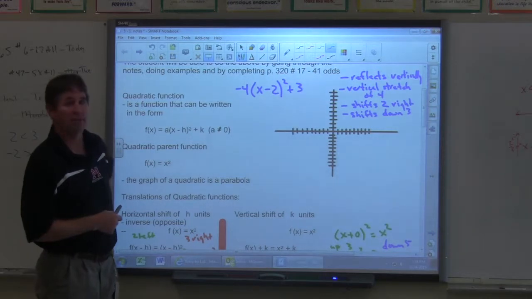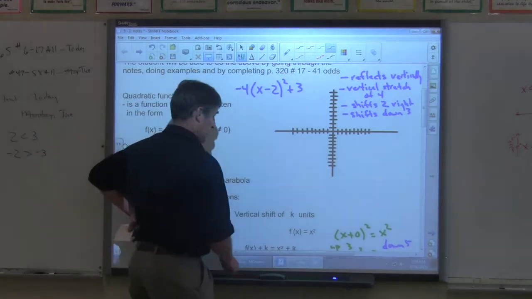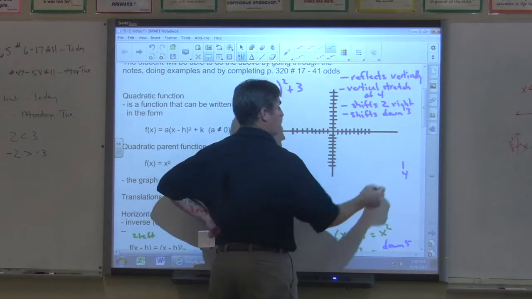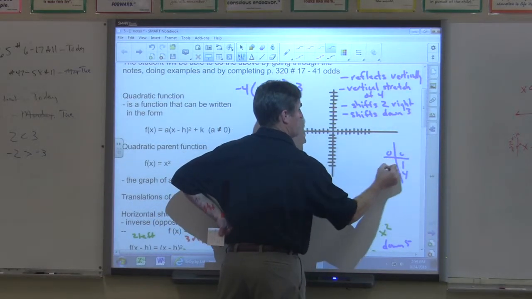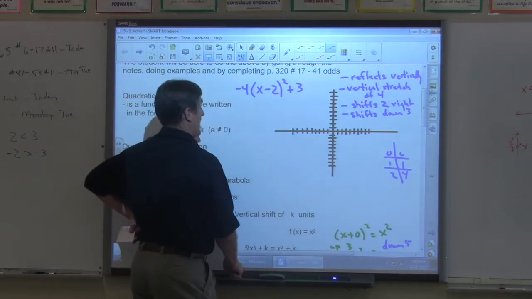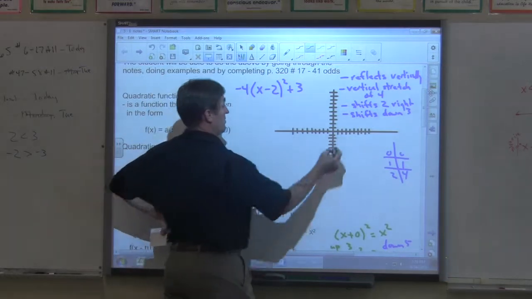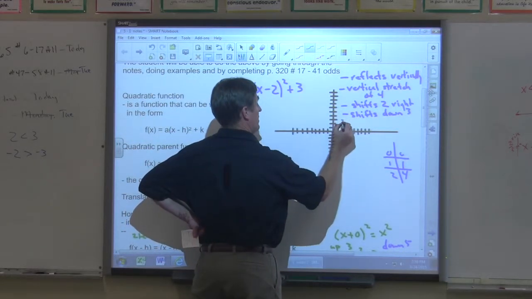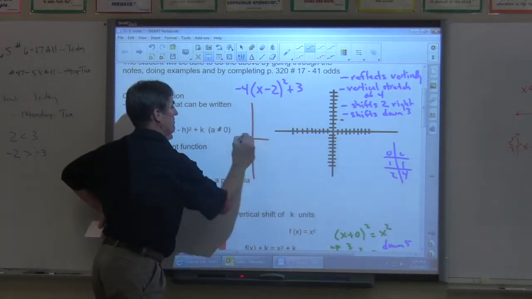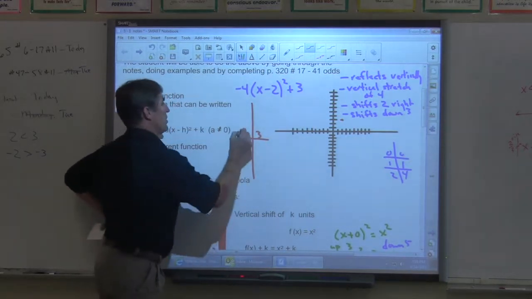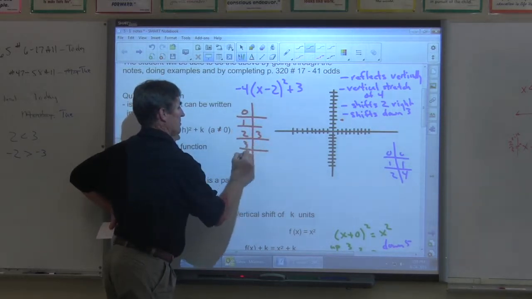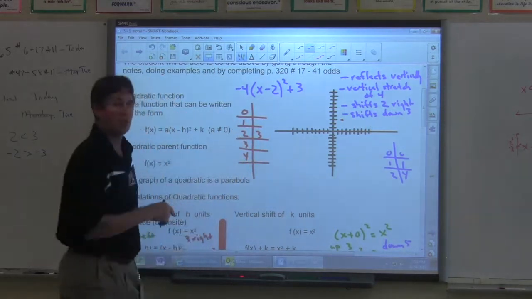Now let's go to the graph of this. We're going to remember 1, 4 for our parent function: 0, 0, 1, 1, 2, 4. So our vertex, we know, is at 2, 3. Again, you can plug in numbers and make this chart.